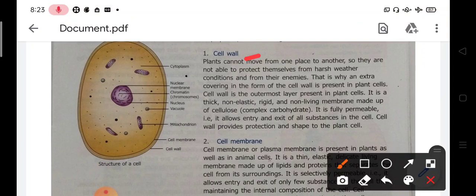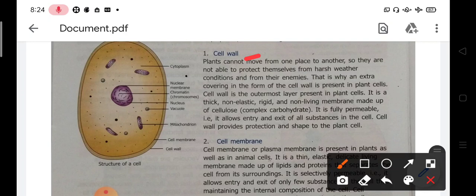They are fixed at one place, and to protect themselves they require a protective covering, which is the cell wall. The cell wall protects the plants from external environmental conditions, whether heavy rain, heavy wind, infection from microorganisms or external injury.